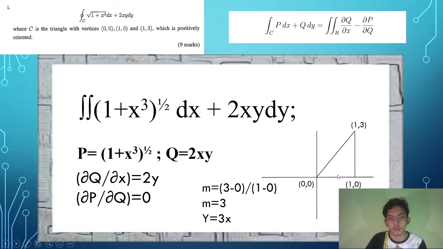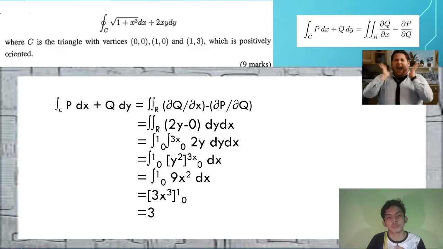Next, to find the limit for y, we need to find the gradient first, for the line from (0, 0) to (1, 3). The gradient is 3, and because it intercepts at (0, 0), the equation is y equals 3x.